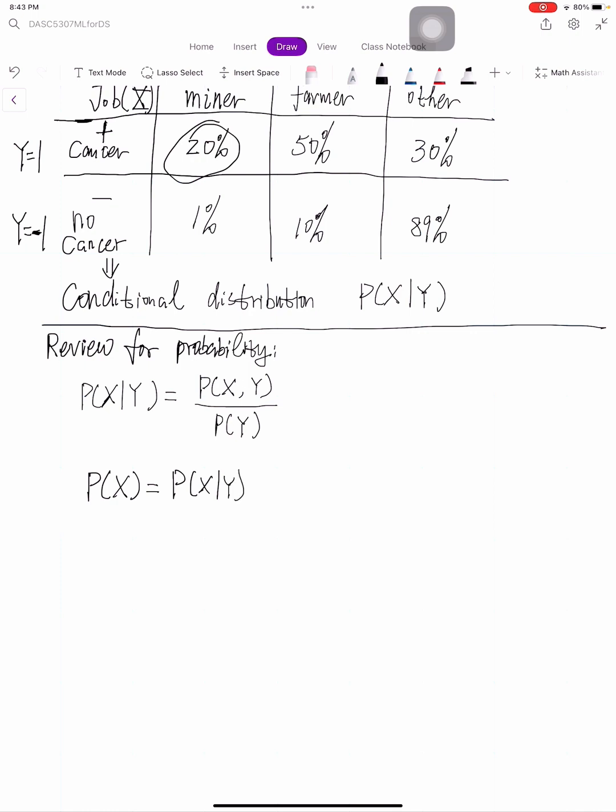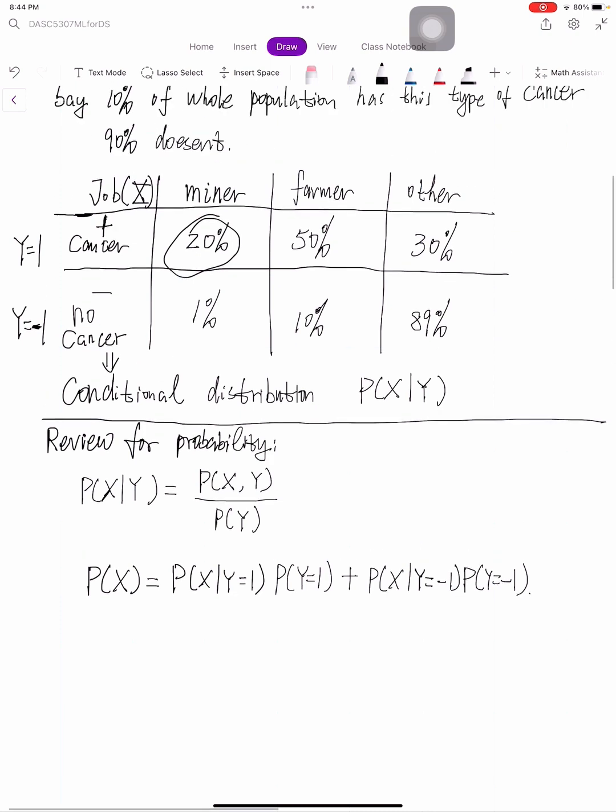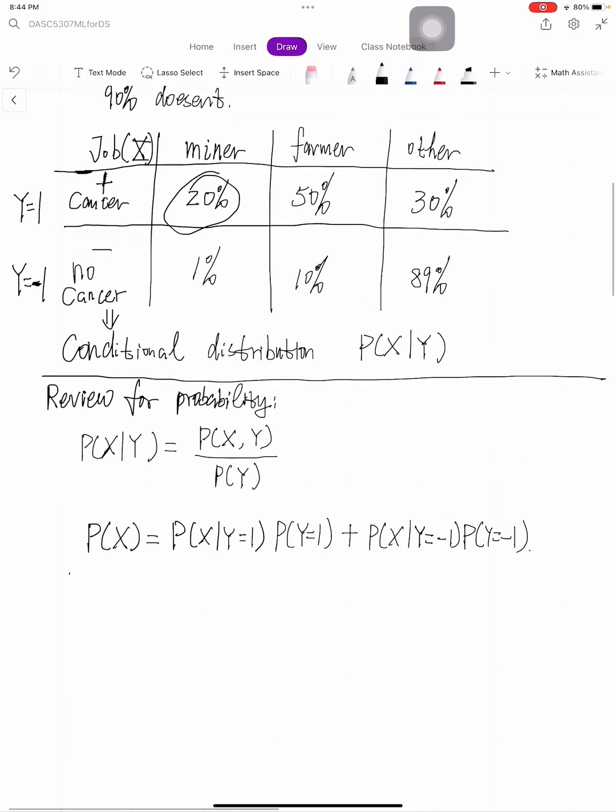There is a rule called the total probability. Suppose we want to know the probability of randomly drawing a person who is a farmer. It can be written as the conditional probability, among all the cancer patients, that he is a farmer, times the probability of the cancer population, plus, conditioned on no cancer, the probability his job is a farmer, multiplied by the probability he does not have cancer.